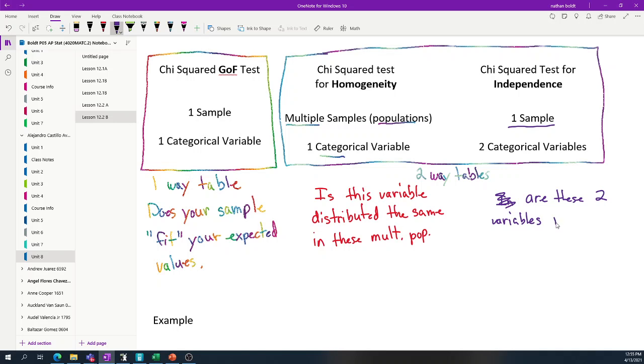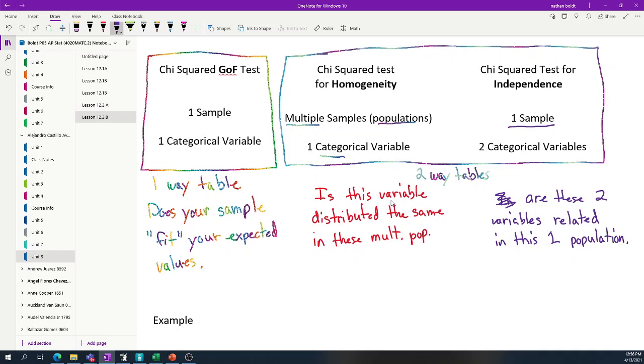Are these two variables related in this one population? Or if they're not related, then they would be independent. Knowing the one does not tell you anything about the other. There is no association. Or maybe there is an association, but you're looking for an association between two variables.